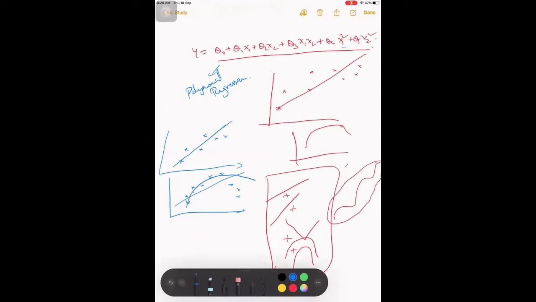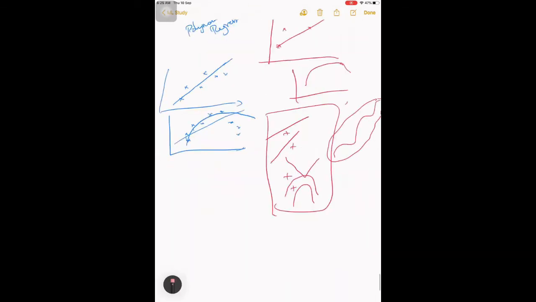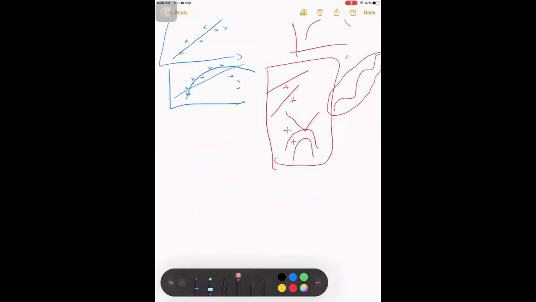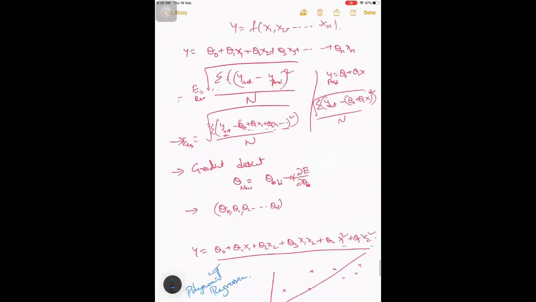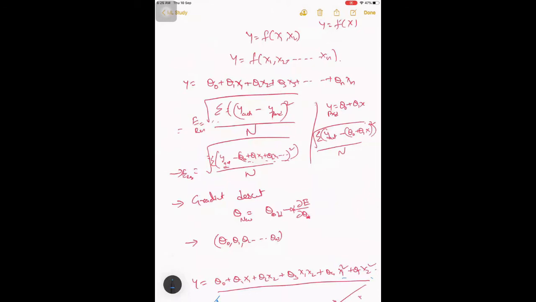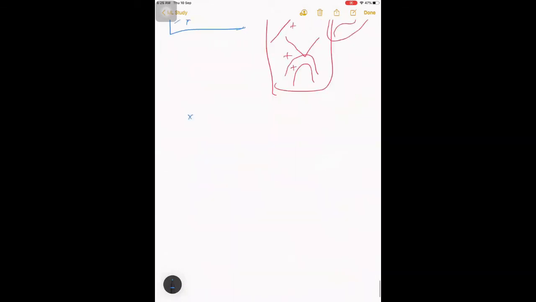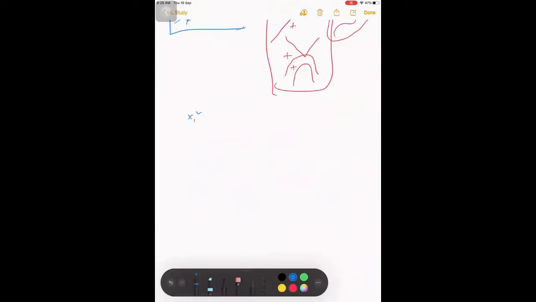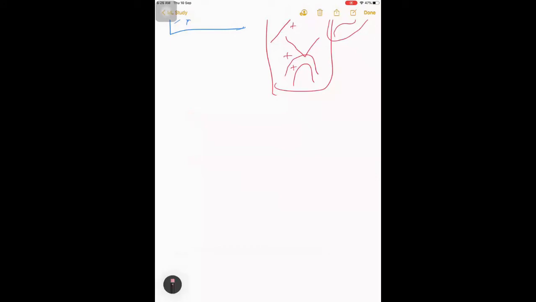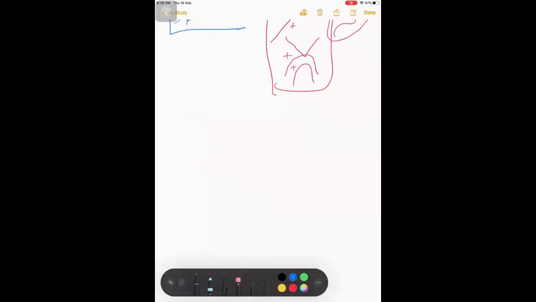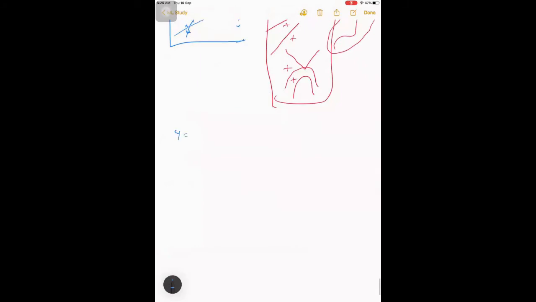Then how are we going to define such a thing here? What we should be doing for this kind of calculation is, we only know it in this format. So even for x1 square, let's write the same thing here as well: y equals theta naught plus theta 1 x1 plus theta 2 x2 plus theta 3 x1 square plus theta 4 x2 square plus theta 5 x1 x2.